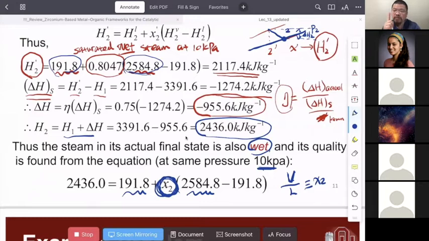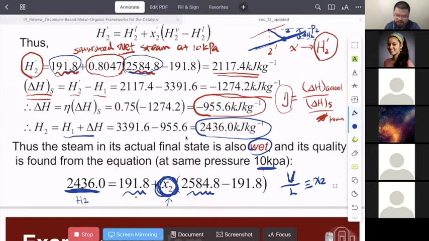Because we just need to have one parameter, which is the pressure along this path, to look for values for the saturated vapor and saturated liquid over there. The only change is that X2 value. So now we have the real H2. We are going to solve for the real X2 value.